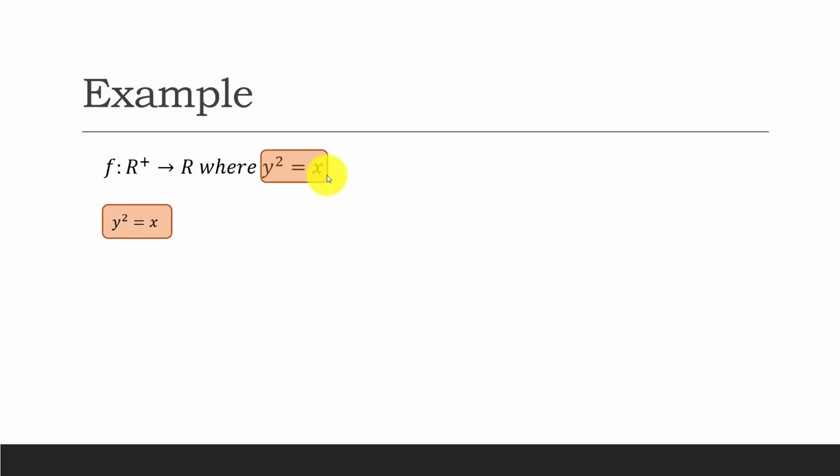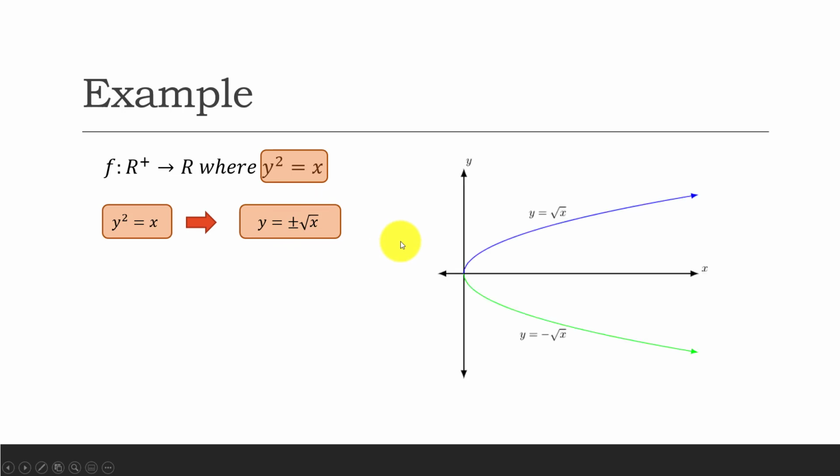So y squared equals x, we can write as y equals plus minus root x. That we can do, right? So now this particular form matches the form we know for a function, y equals f of x. Now if we plot this, one interesting thing comes up.